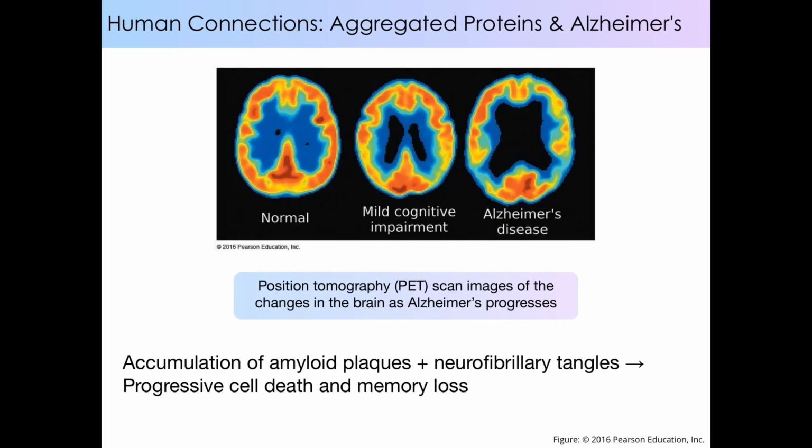So together, the amyloid beta plaques and the neurofibrillary tangles lead to progressive cognitive decline because they cause cell death in the brain. Eventually, they also lead to the loss of basic functions like swallowing and breathing, and this is why this disease is fatal.